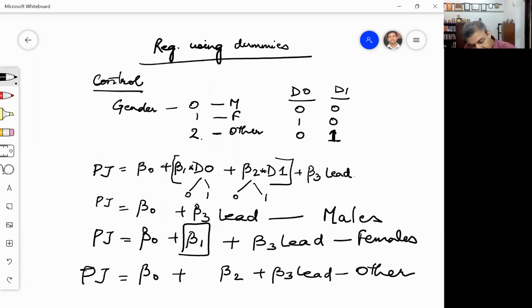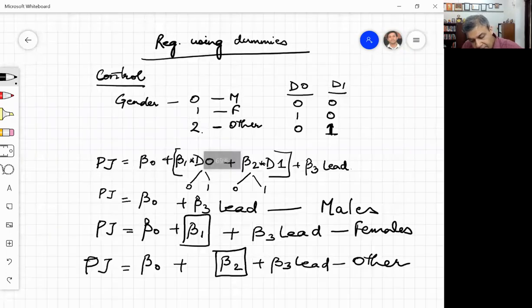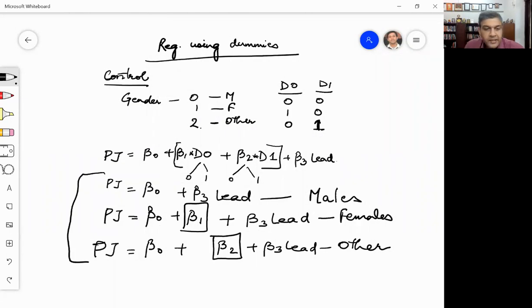So the difference between males and the other gender is beta 2, and the difference between others and females is beta 2 minus beta 1, right? So this is called dummy variable regression. When you have categorical data, you should model this as dummies.